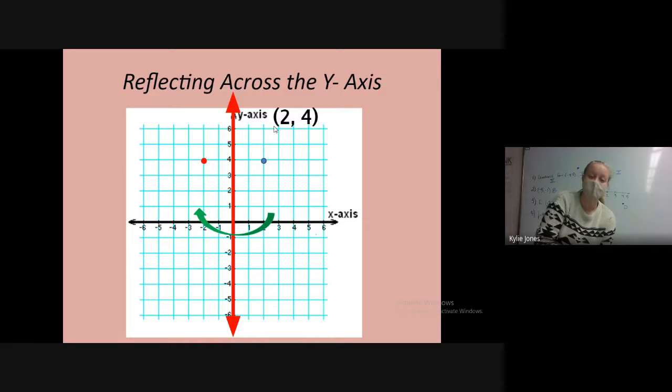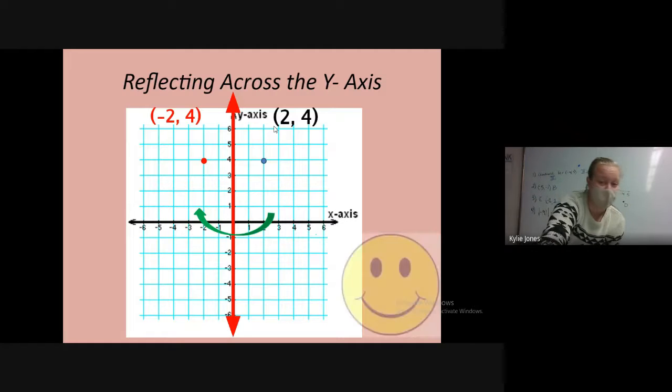Negative 2. So our new ordered pair would be negative 2, 4, because all we've done is flip it over the Y axis. When we change the Y coordinate, it reflects it down or up. So if you're reflecting over the Y axis, change the X coordinate. Let's do that a couple more times.